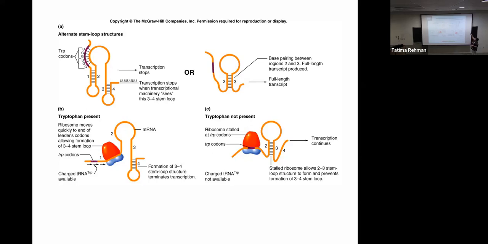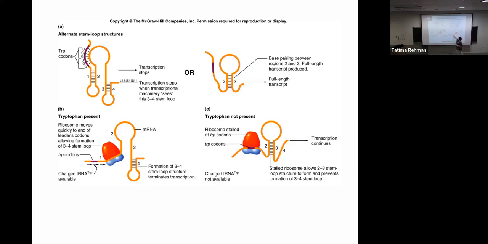So if that leader peptide is getting built a particular way, so let's say there's lots of tryptophan present, so there's going to be lots of charged tRNA with tryptophan present. That leader peptide is going to be made right away, right? As soon as the ribosome comes in, finds the start codon, it will get those tryptophans and it will start to build it. That means those 2-3 structure cannot form, right?